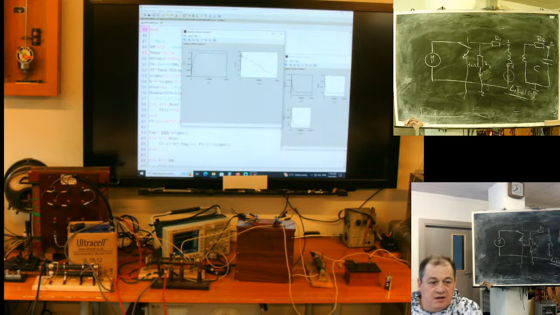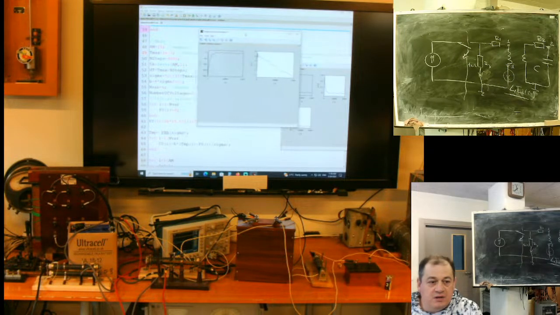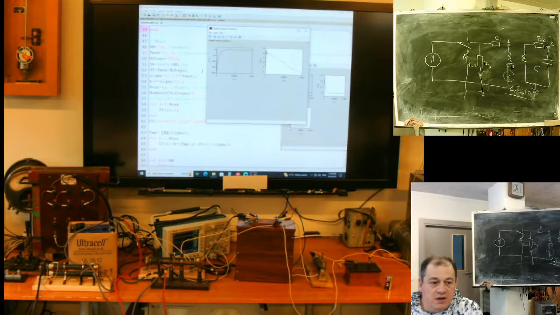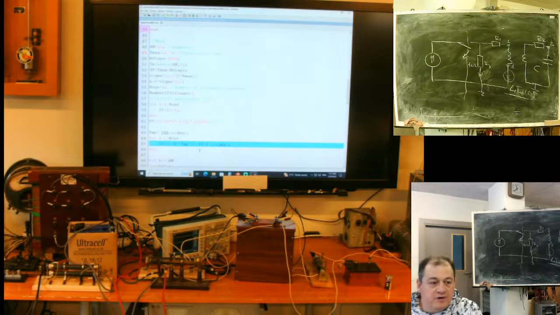See, it's smoother. Let's go from 0. It should not be 0.